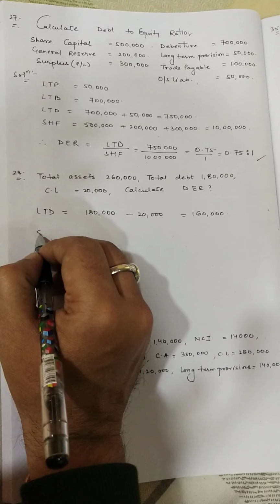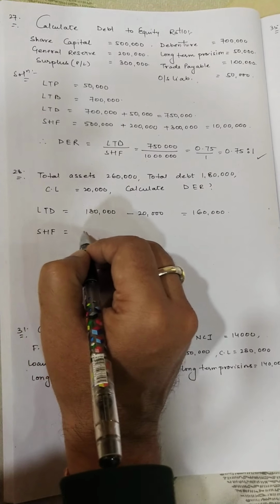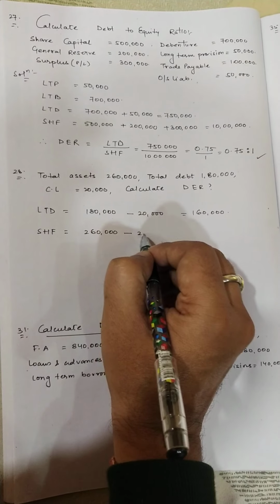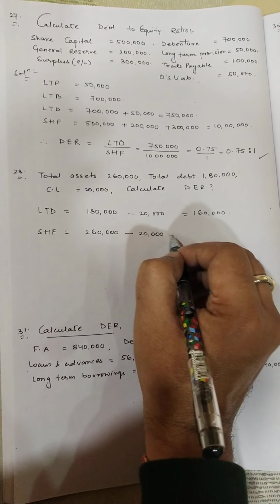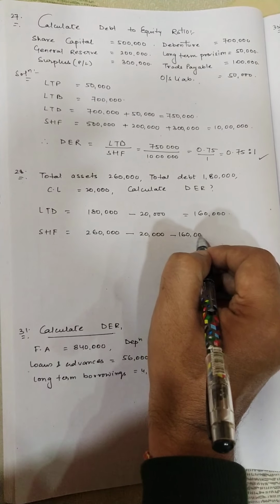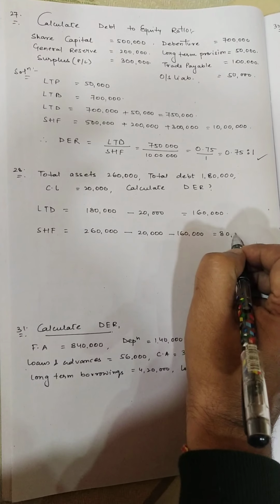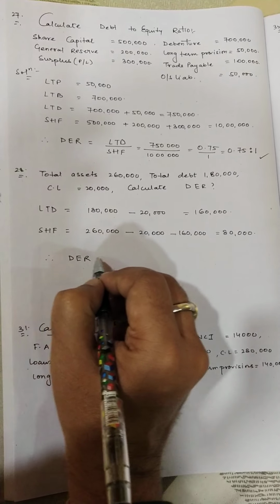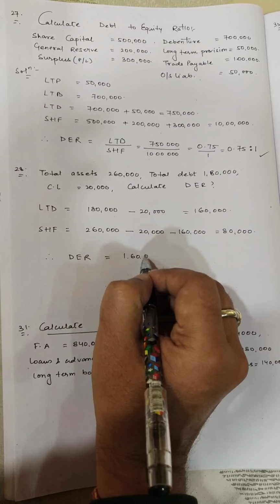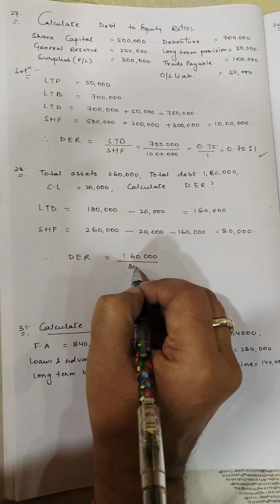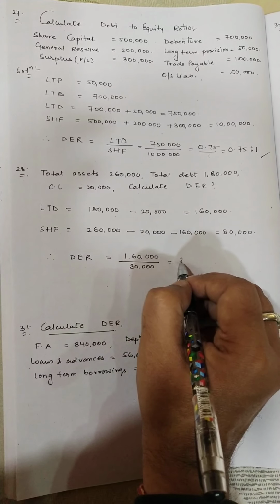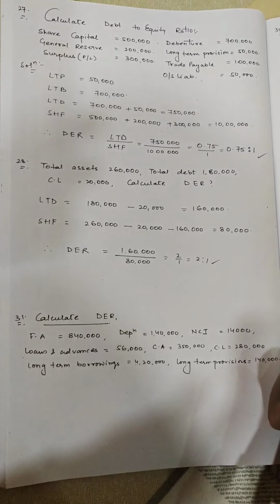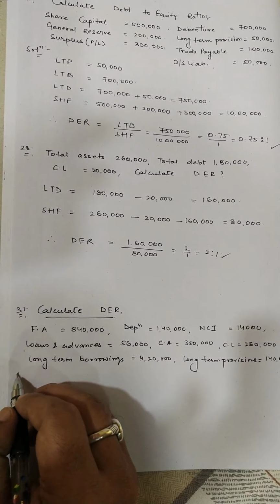Clear? And for SHF, write down the total assets, and from here you deduct current liabilities and long-term debt. It will become 80,000. Therefore, DER, that is 160 divided by 80, is 2 by 1. The answer will be 2:1.